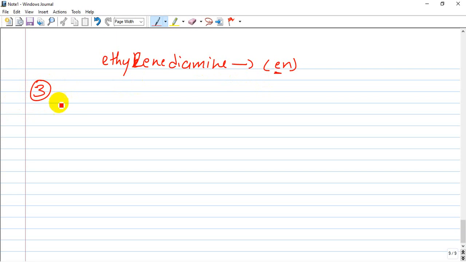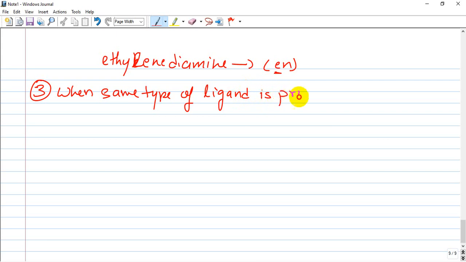Another point, when same type of ligand is present in more number, prefix should be used.